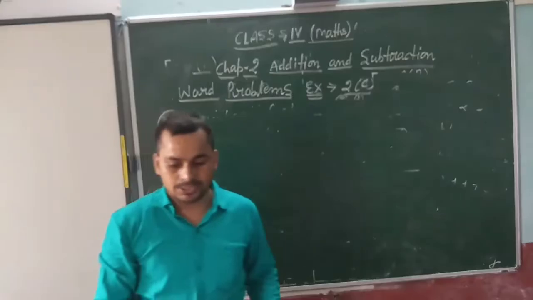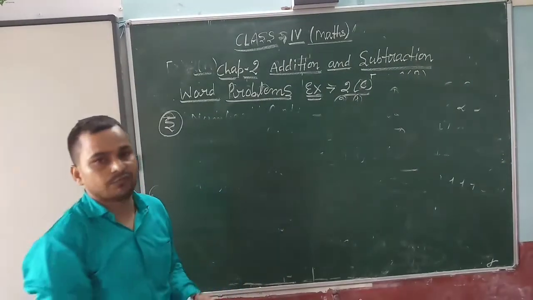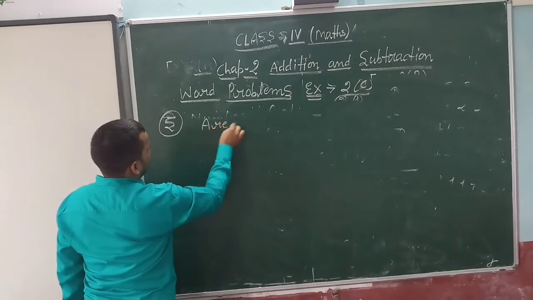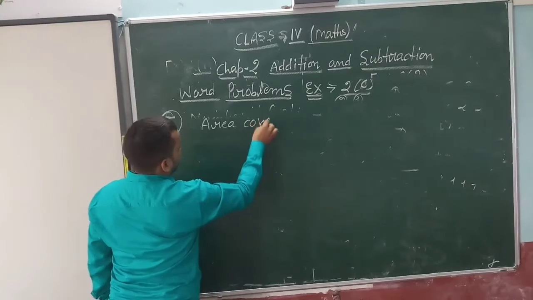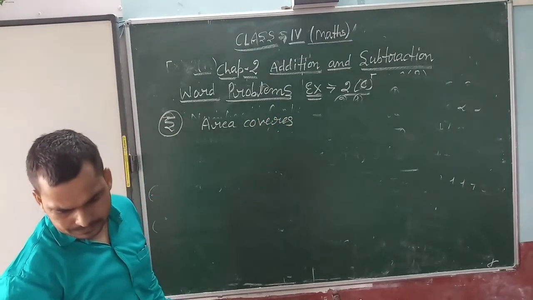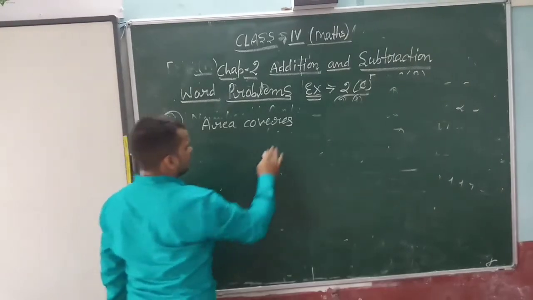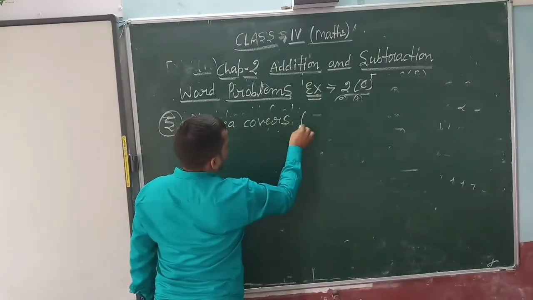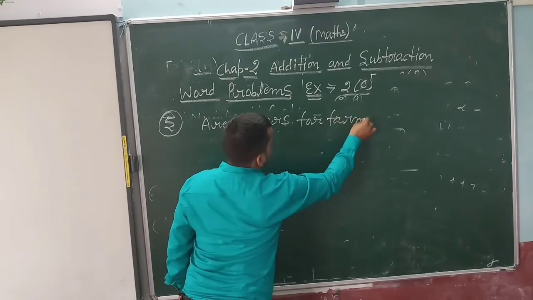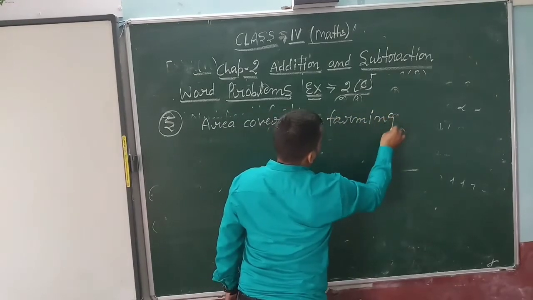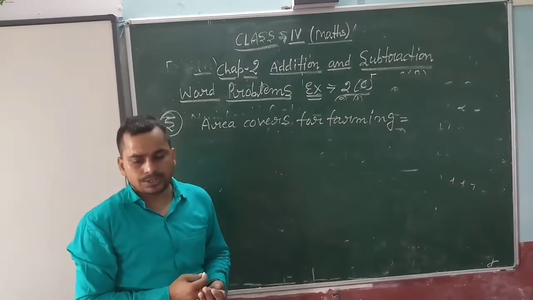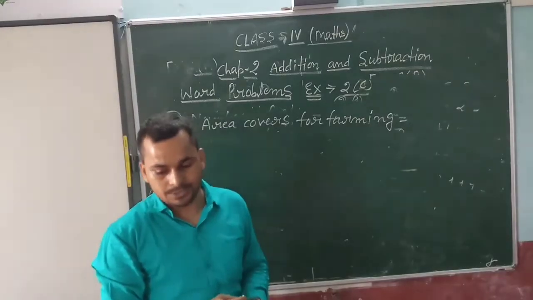So area covered for farming is equal to 3,560 square meter.